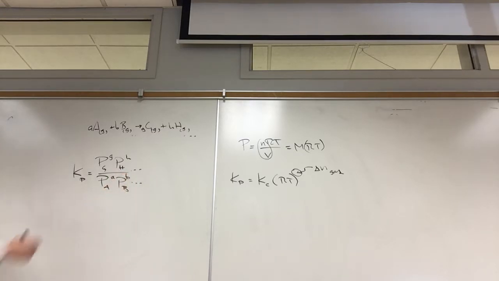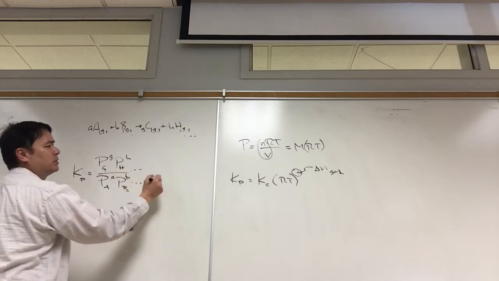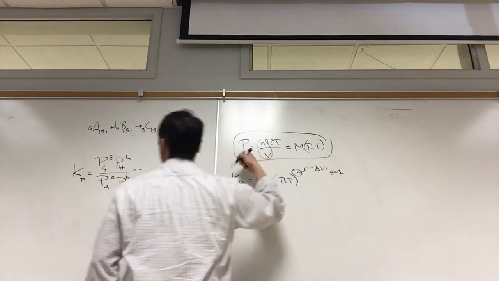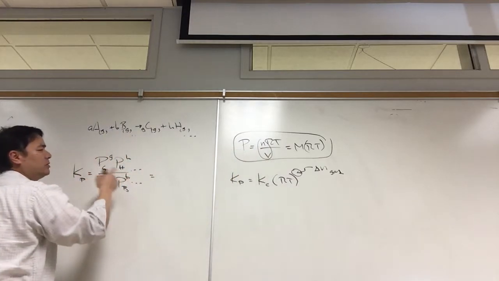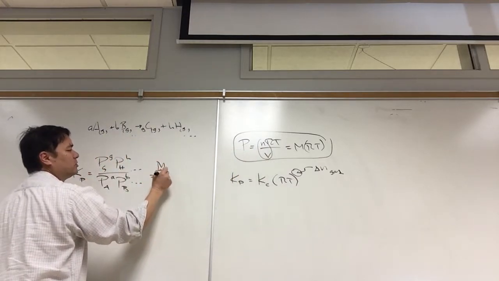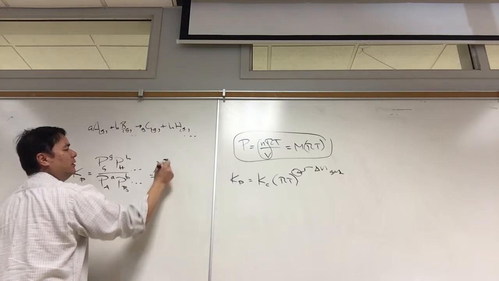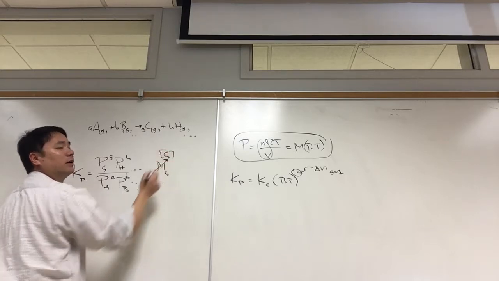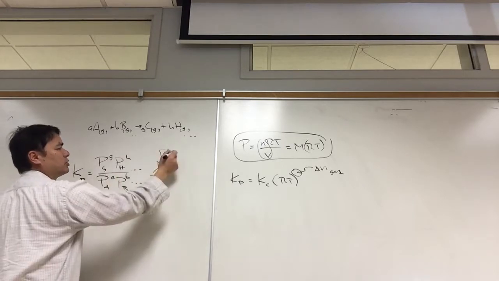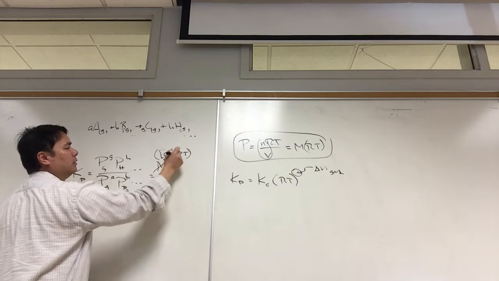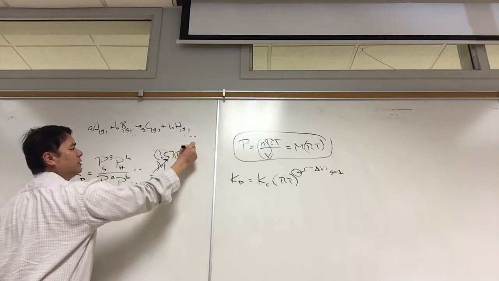And then we see that the pressure is equal to the molarity times this factor RT. And so we just substitute that. The pressure of G is equal to the molarity of G, which we just call the concentration of G, times RT, raised to the little g power.